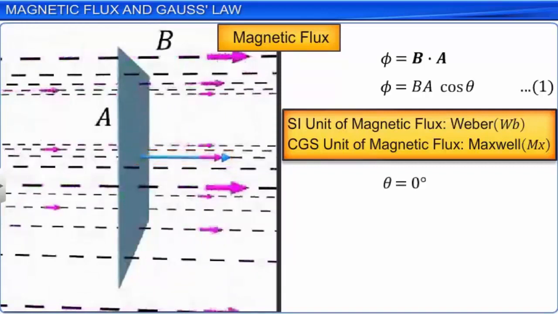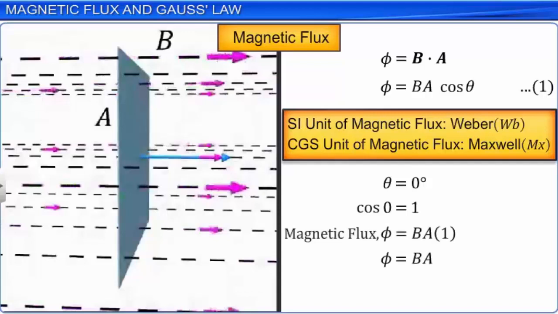Cos 0 degrees is equal to 1. Thus, the magnetic flux, phi, is equal to BA. When the flux passing through a given area is maximum, the magnetic flux passing per unit area is called magnetic flux density. Then, the magnetic flux density, B, is equal to phi by A. Let this be equation 2.